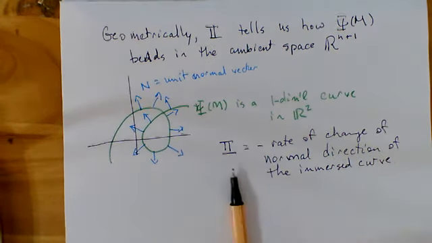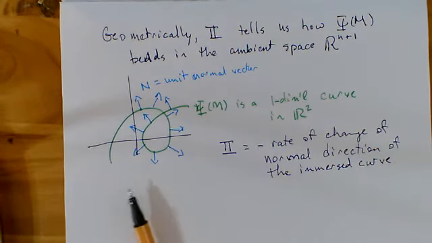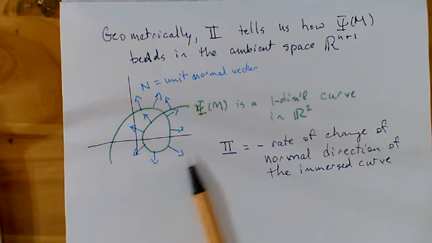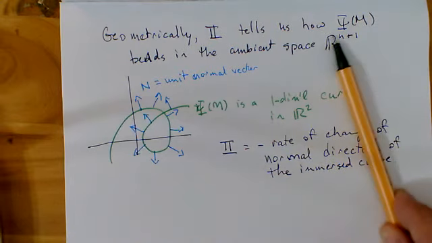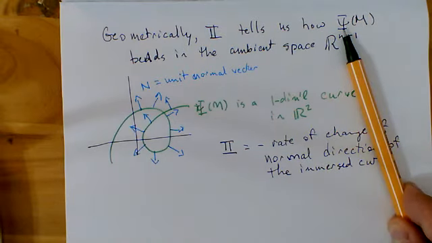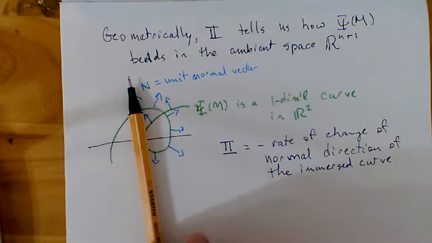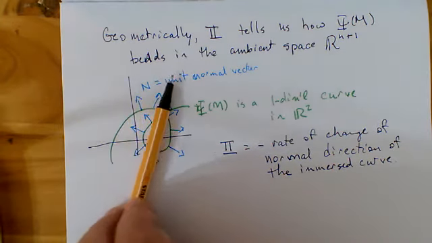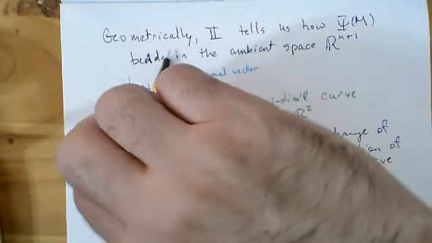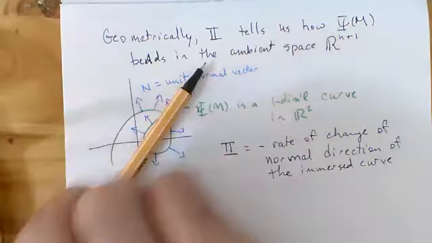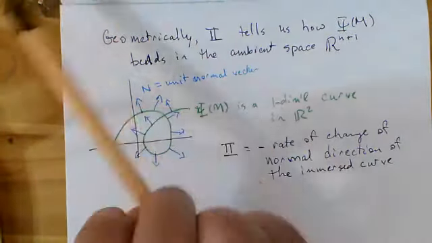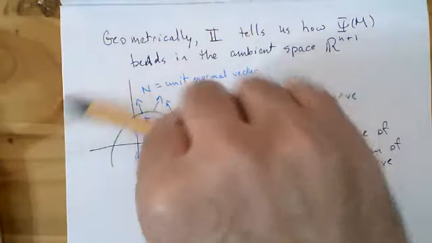Okay, so if this rate of change is 0, if the normal is not changing, my curve will only be allowed to move along a straight line. When the rate of change is very high, my normal has to move very rapidly, and so the curve must bend very rapidly.